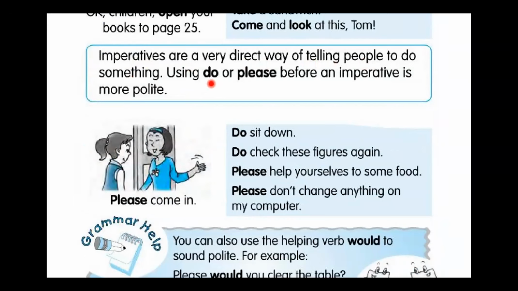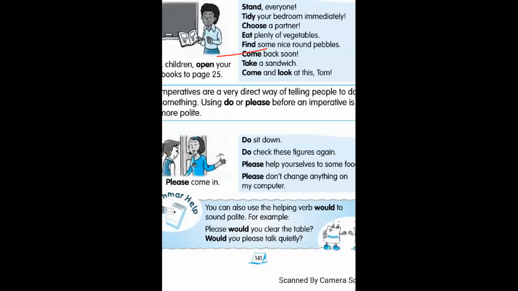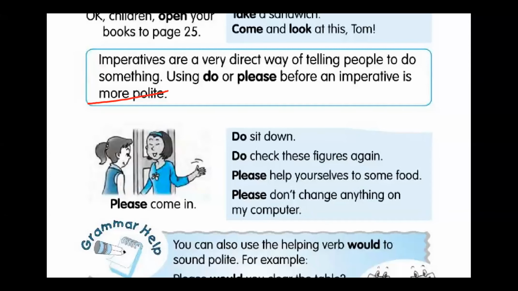So in that case, you can use do or please before an imperative. So it will be more polite. When you are saying something to someone, when you are using an imperative, you can use do and please over there. Add them, so it will sound more polite to a person.